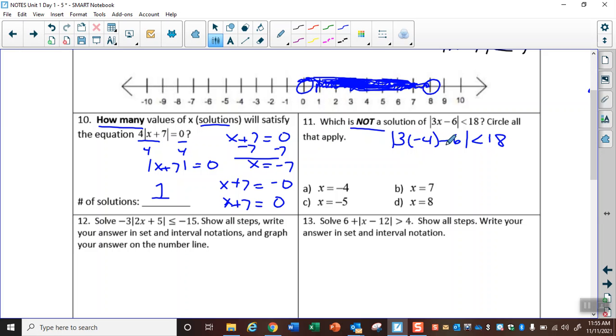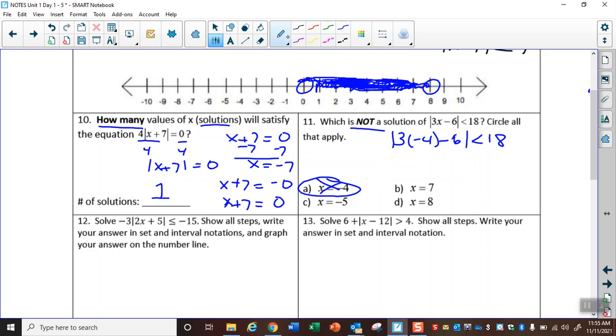The absolute value of negative 18 is 18. But is 18 less than 18? No. So that is not a solution. There you go.